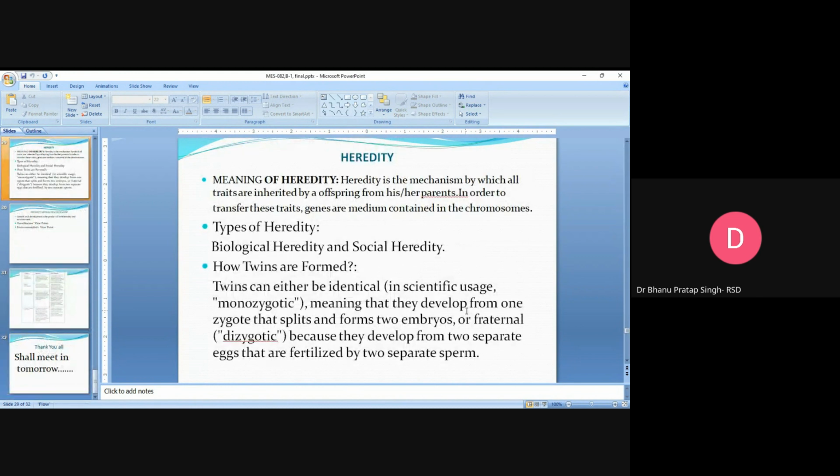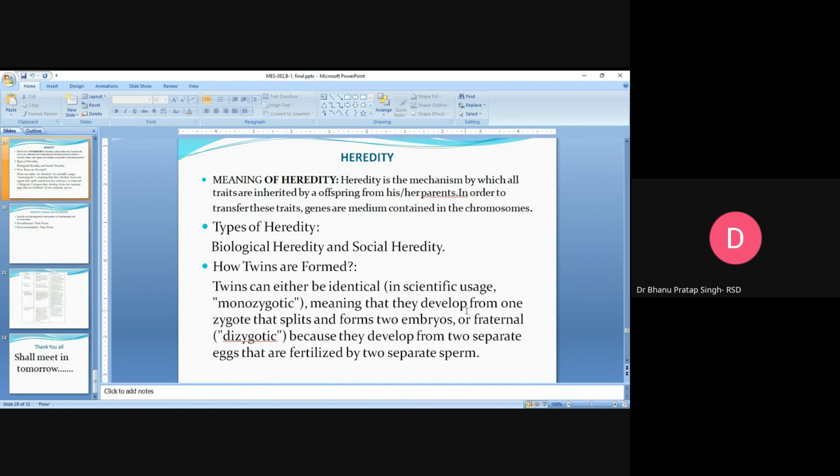Meaning of heredity: heredity is the mechanism by which all traits are inherited by an offspring from the parents. In order to transfer these traits, genes are the medium contained in the chromosomes. So this is the meaning or definition.